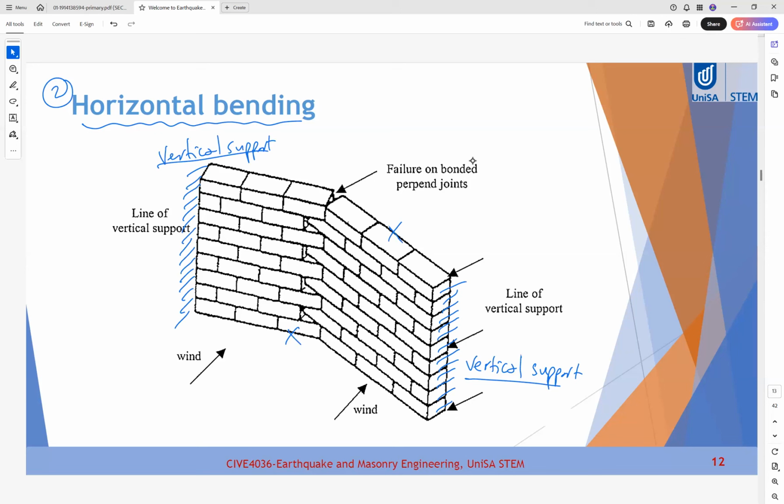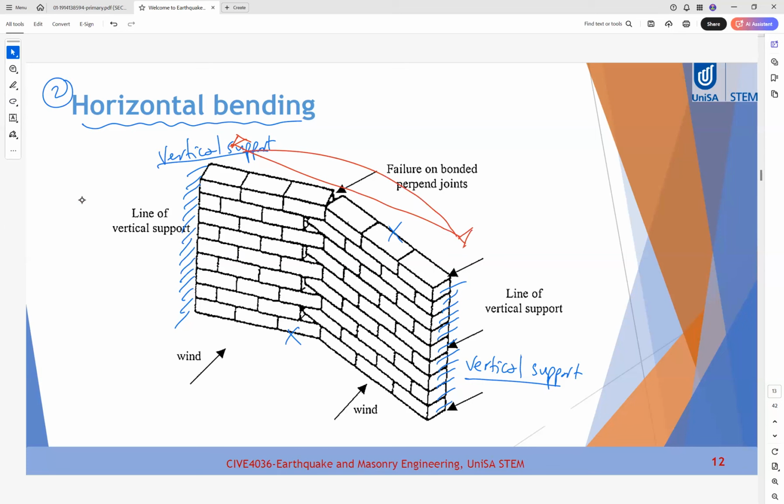So what is the expected flexure, or what is the expected bending for this wall? The expected bending of this wall is horizontal. The wall is supported here, and supported on the other side here, so it will bend in this direction.